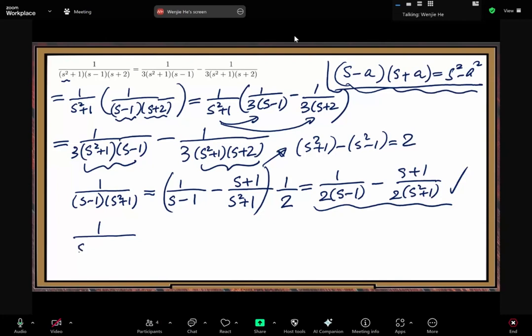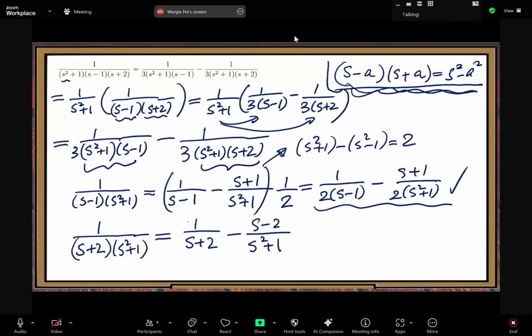S plus 2 times S squared plus 1. All right. So the split should be like this. Then use the formula, the numerator S minus 2, but you need to multiply some adjustment fraction.